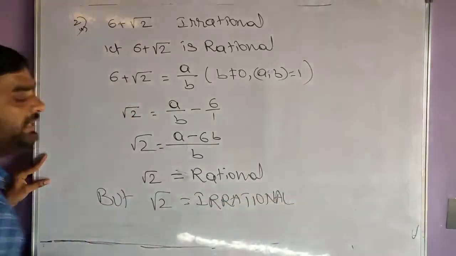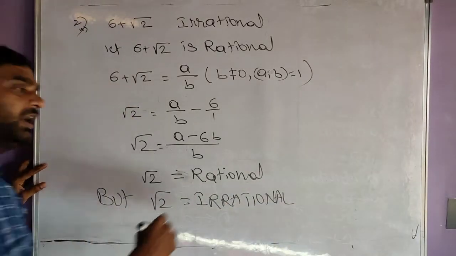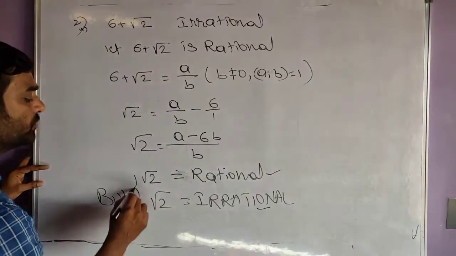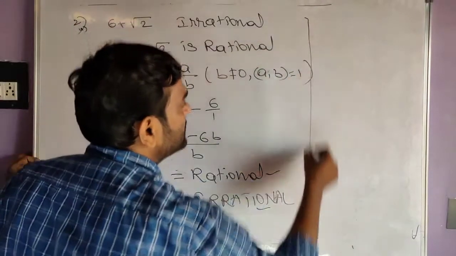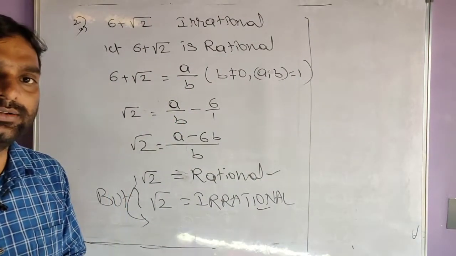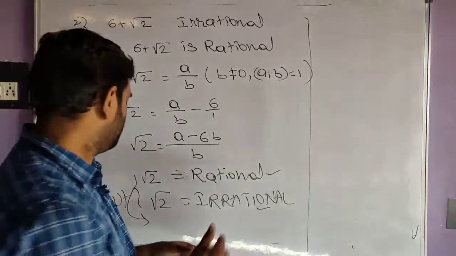But we know that root 2 is irrational. We got root 2 is rational, but we know that root 2 is irrational. These two contradict each other. Root 2 is rational, root 2 is irrational. Both contradict.